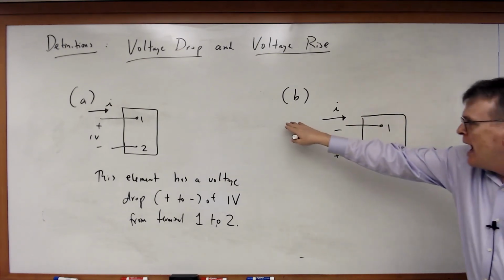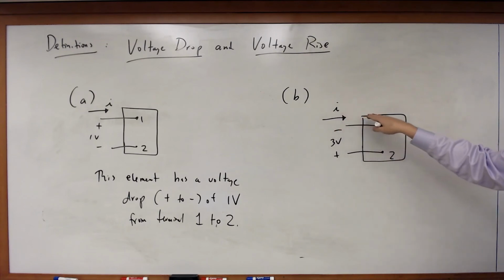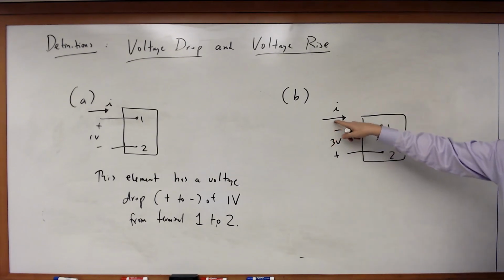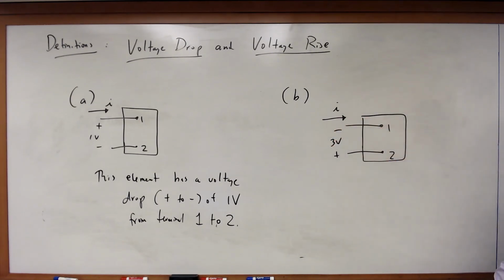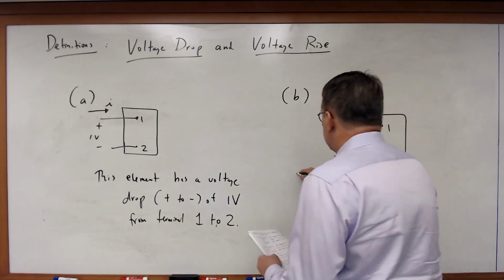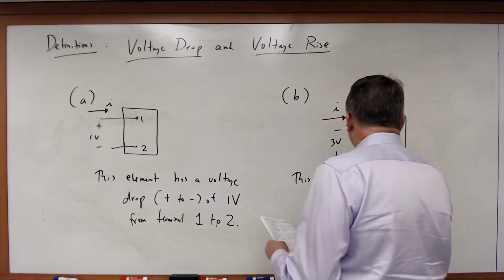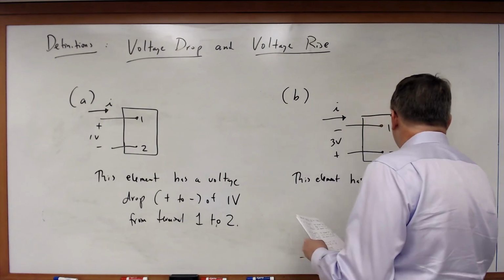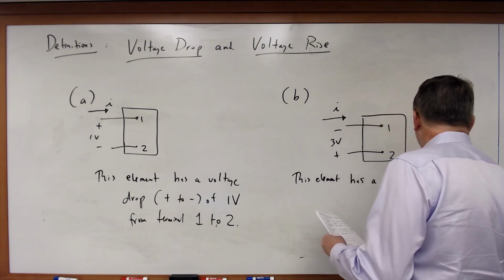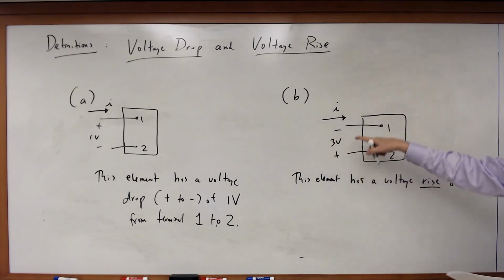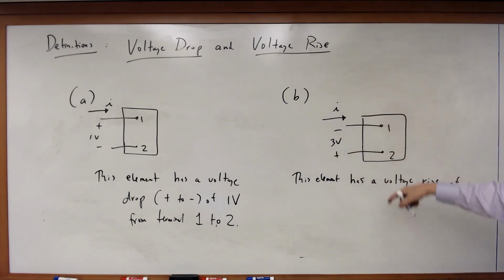So once again, I'm kind of riding along that flow, and I move into the negative end and come out the positive end. In this case, I'm going from negative to positive. And so in this case, I say this element has a voltage rise of 3 volts, negative to positive from terminals 1 to 2.